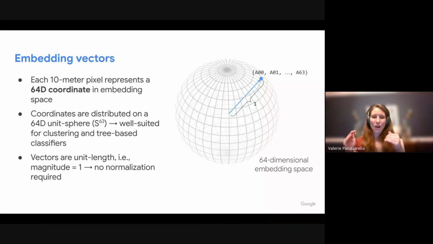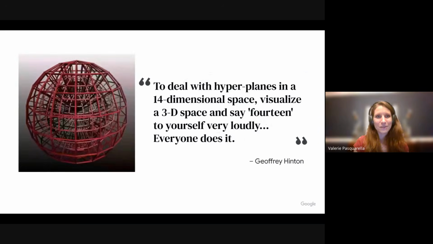So they have a magnitude of 1, which means if you're doing any sort of machine learning or other applications that would normally require some sort of normalization, you're not going to need that here. We're already unit length, we're already scaled, and that makes a lot of calculations and analysis with them a lot easier. Remember, the goal is to be analysis ready, in fact, easier than the raw satellite images themselves.